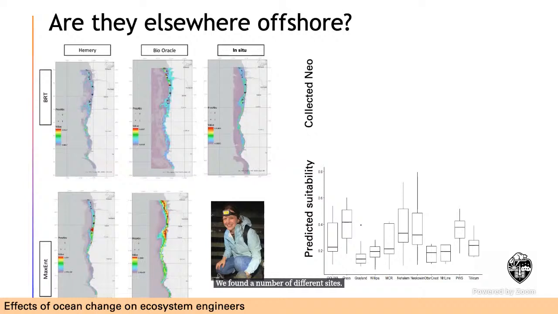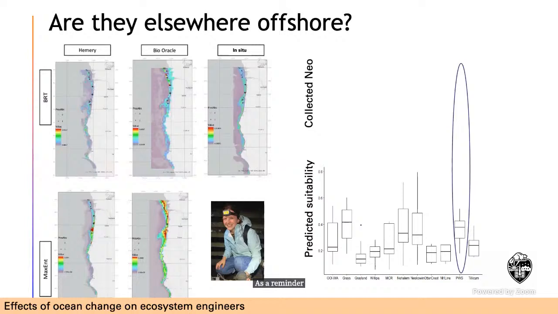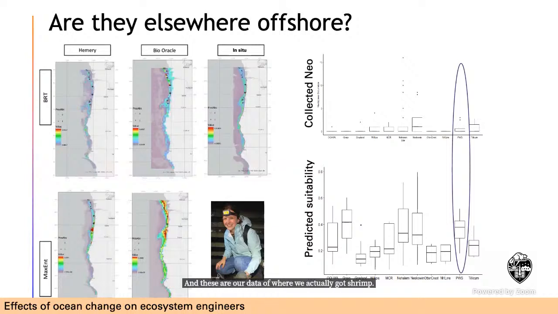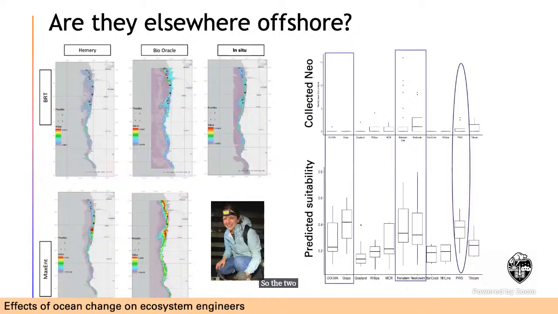And this is the predicted suitability on the bottom. As a reminder, our pathway site is where we first found them. But there were some other sites that seemed like potential for shrimp. And then we got on the Pacific Storm, and we went all the way up the coast. And these are our data of where we actually got shrimp. So the 2 sites in Oregon, Nehalem and Neskowin, that had high predicted suitability, we found shrimp.